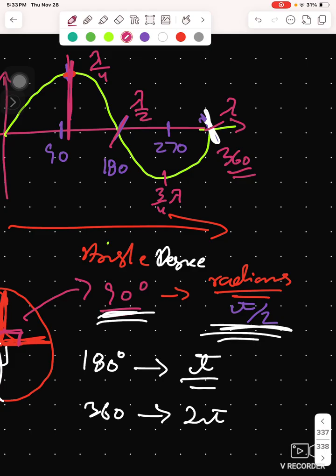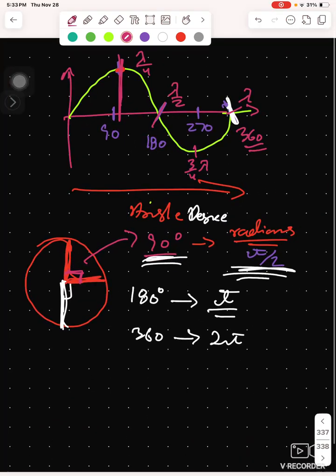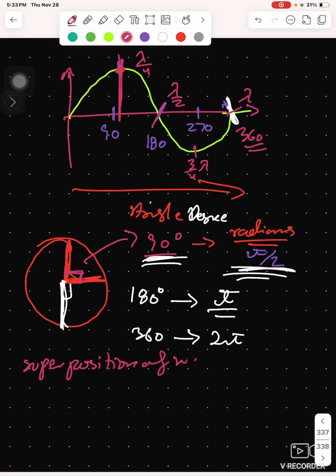And now let's talk about superposition of waves. We have studied in quantum mechanics that superposition is nothing but the particles being in more than one state at once, right?